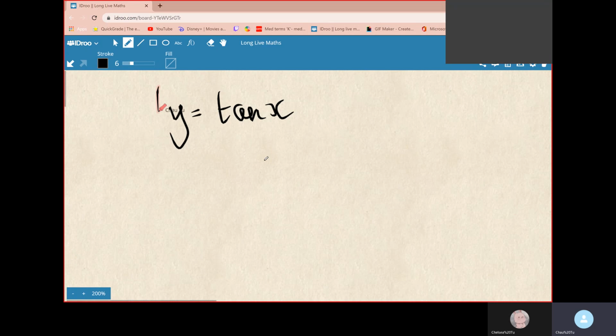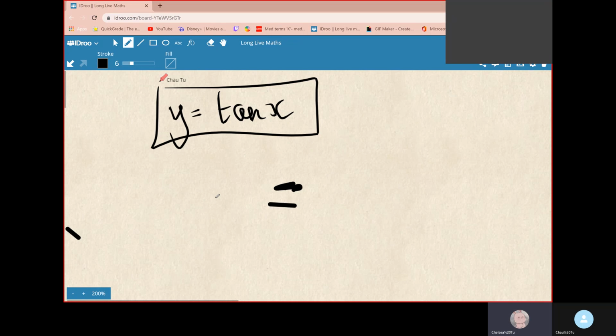Okay, so how do you differentiate tan of x? Why is it not working? Hold on. Why does my thing keep freezing? I think my pen is dead or something. Oh, probably out of battery.